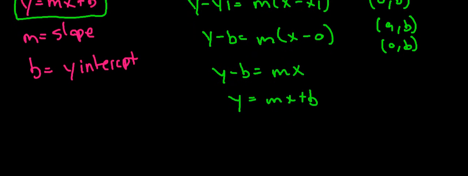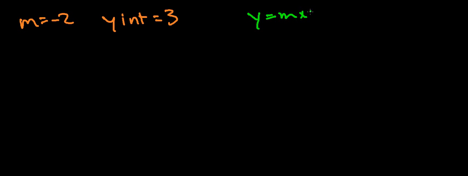So let's use this. It's very straightforward. Let's suppose we have a slope of minus 2 and a y-intercept of, I don't know, 3. So let's use this equation. y is equal to mx plus b.